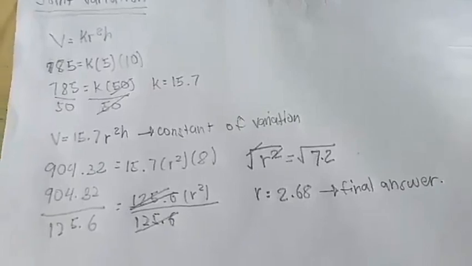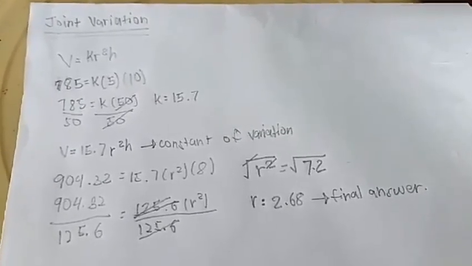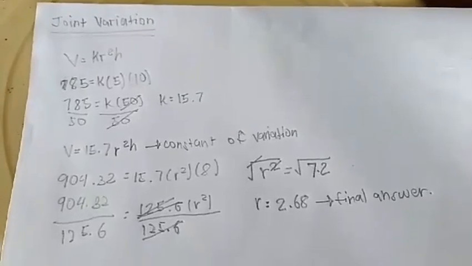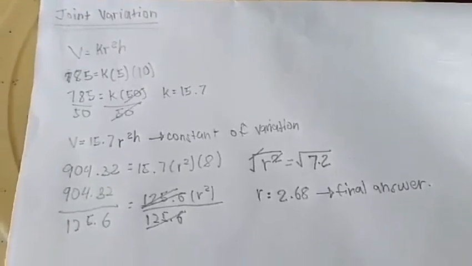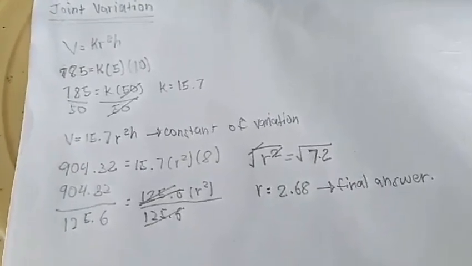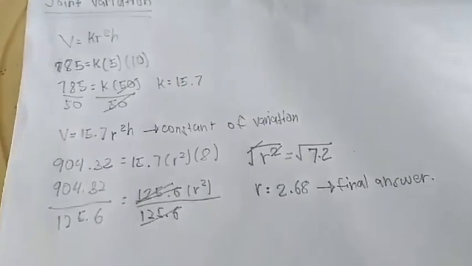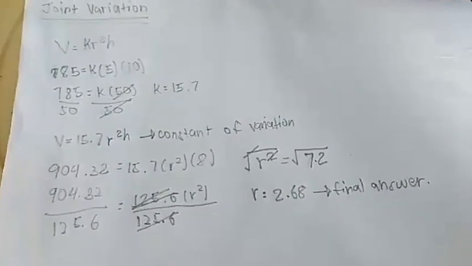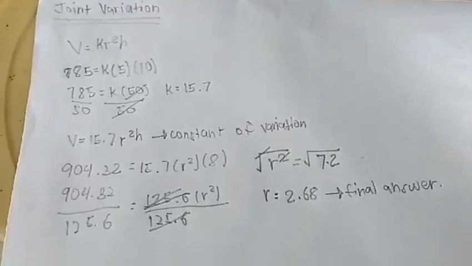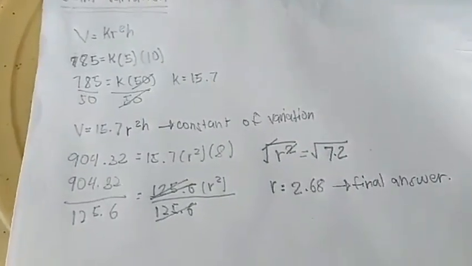And the next one is 904.32 is equal to 15.7 times r squared times 8. After multiplying them again, proceed to the next step, which is dividing. 904.32 is equal to 125.6 times r squared.